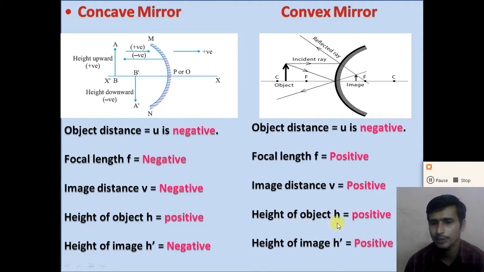The height of the object and the height of the image are taken as positive. So dear student, understand how the sign convention is applicable for the concave mirror as well as the convex mirror. So remember this sign convention is very important for the examples.